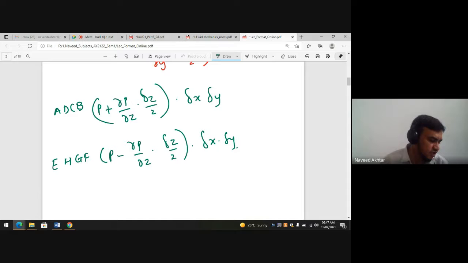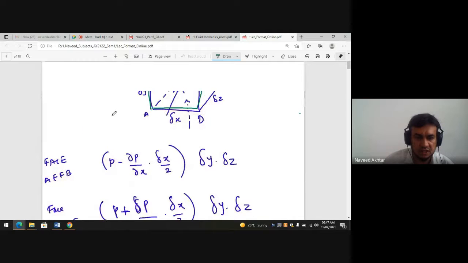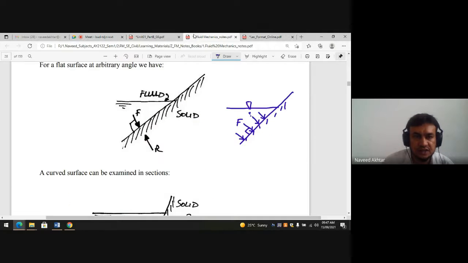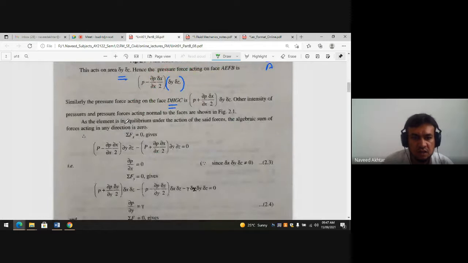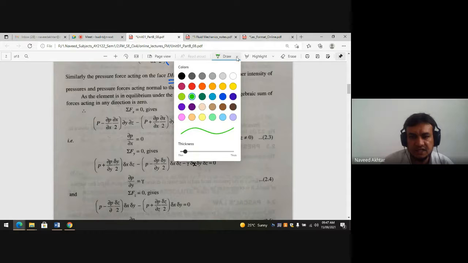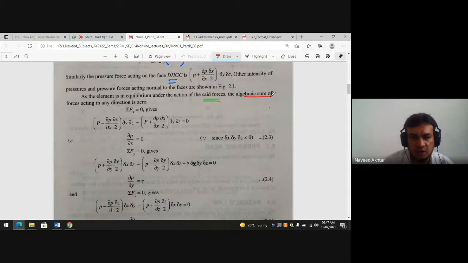So likewise, the pressure acts in each direction. But in the y direction, there is also the self weight of this element, that is gamma into δx δy δz. Since the element is in equilibrium under the action of these forces, the algebraic sum of forces acting in any direction is 0.